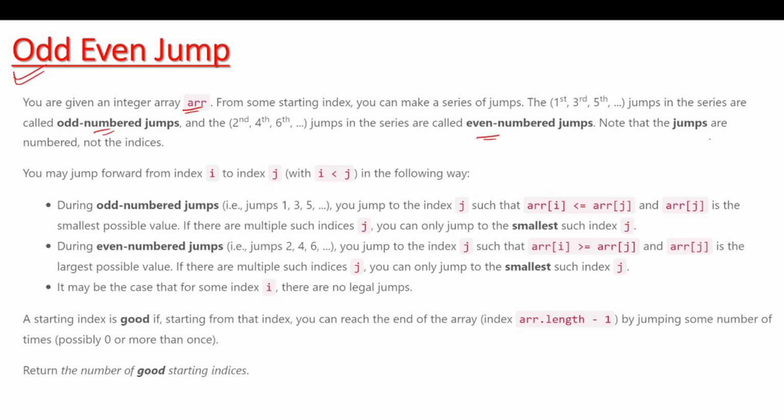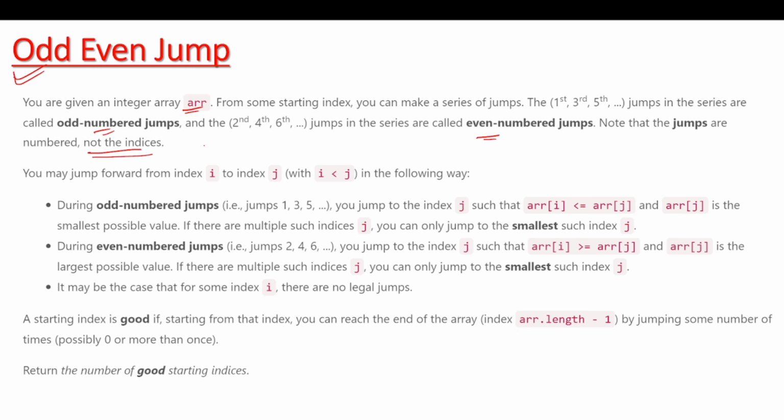Note that the jumps are numbered, not the indices. Make sure you are not confused between the jumps and the order, so which order we are going in, odd or even jumps, and those are not the indices.